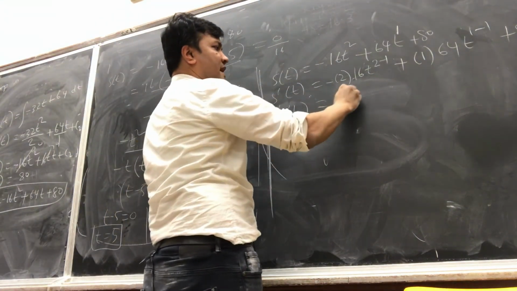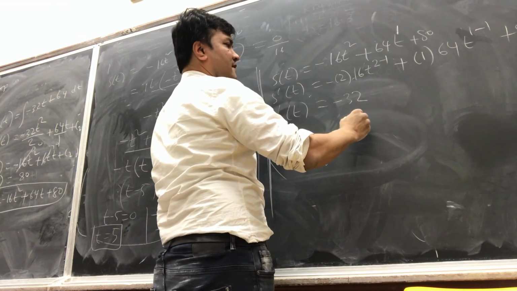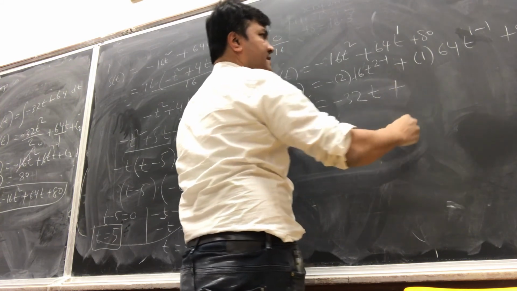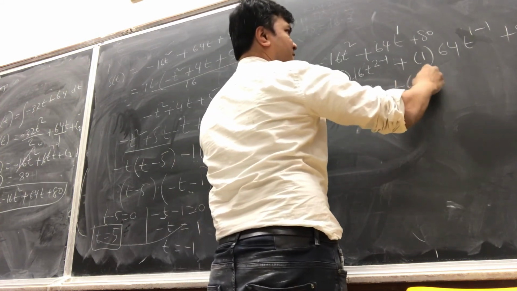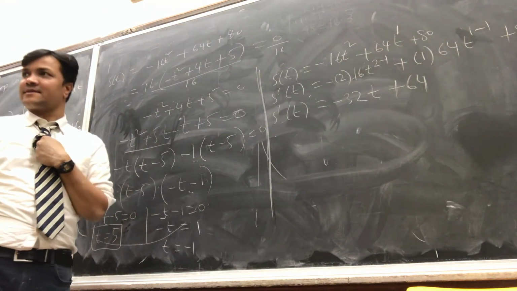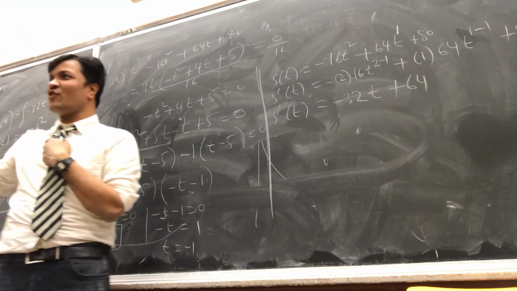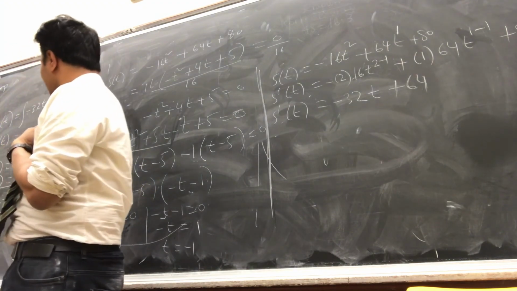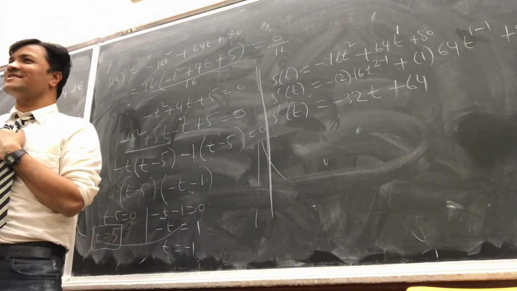So s prime of t is what? Negative 32 t plus 64 t to the 0, which is 64, right? That's it. We saw that before, right? Probably I erased it, but it's somewhere there.